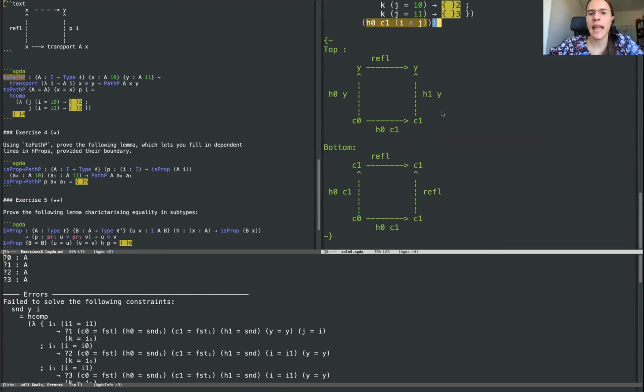Okay, great. Now I need to fill these things in. So connecting this to this is easy because they're the same.